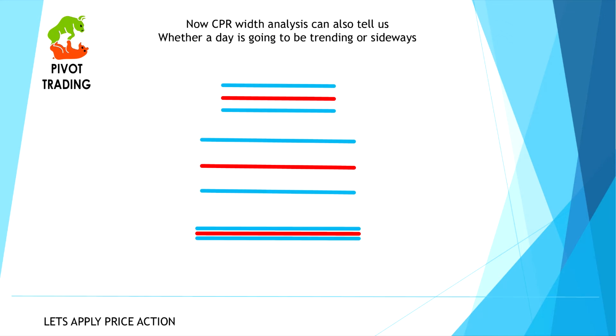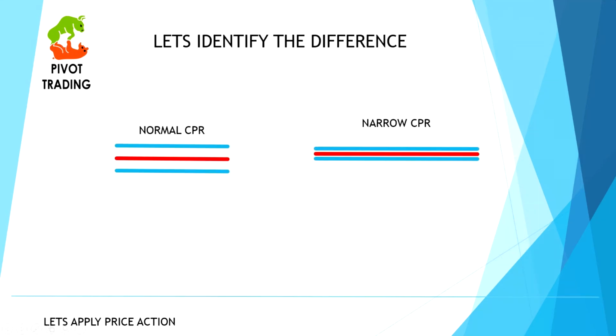Now it's very important to train our eyes to identify the differences between a normal, wide, and a narrow CPR. In this diagram, we will learn about the difference between a normal CPR and a narrow CPR.